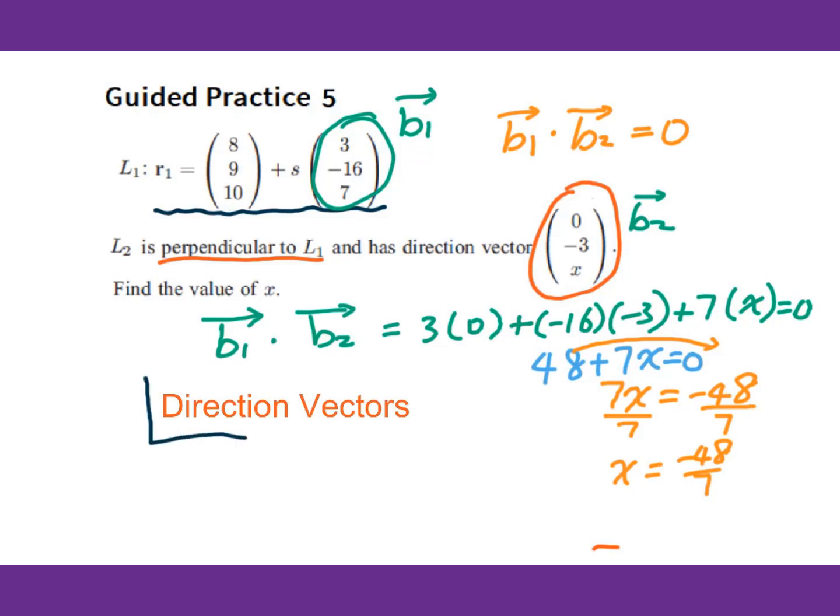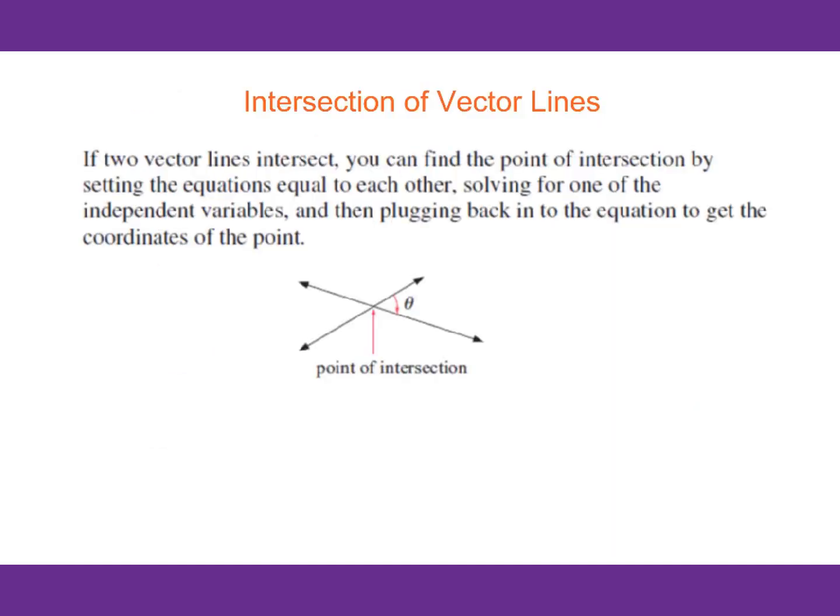Therefore, when you deal with the angle of two lines, direction vectors are very critical. You have to know how to figure out direction vectors for each line. Now let's go back to intersection of vector lines.